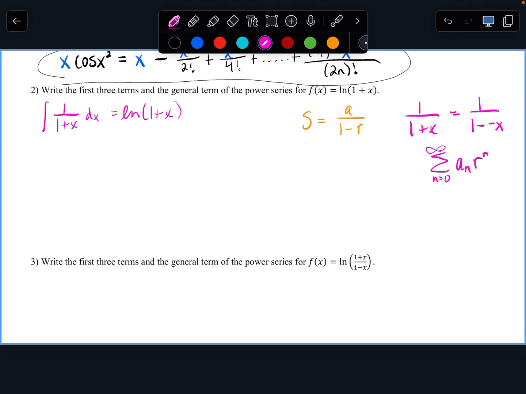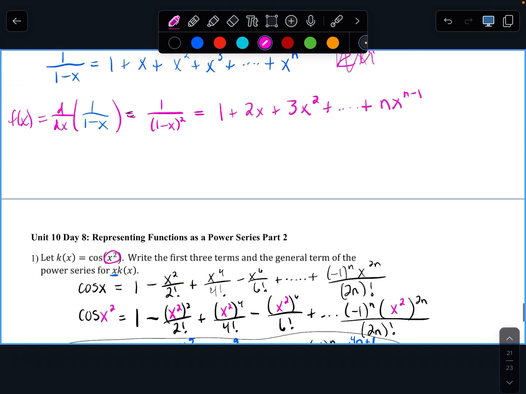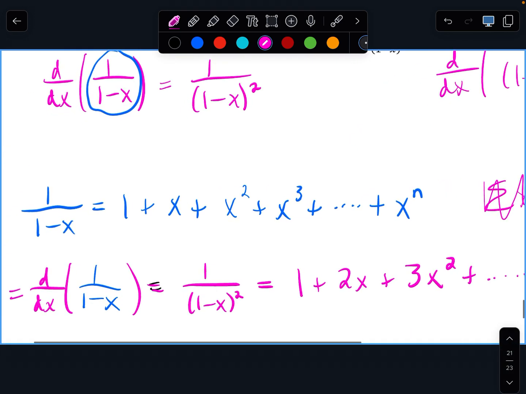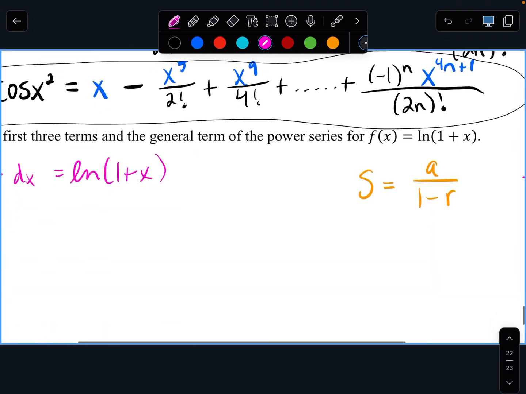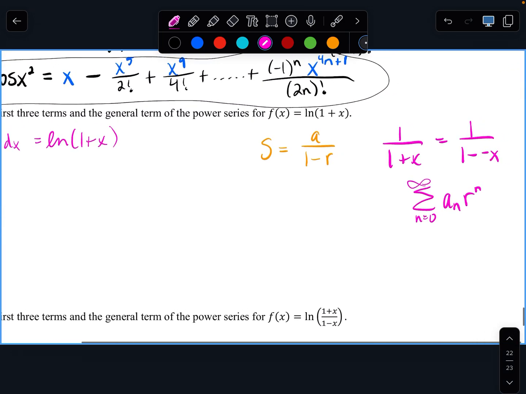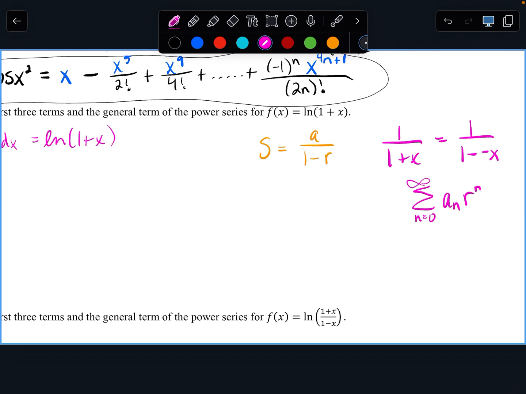So long story short, the 1 minus x is all addition, right? The reason the 1 plus x is alternating, it's basically the same thing but it changes sign, is because you're plugging in a quote-unquote negative r. Do you know what I'm saying? When you rewrite it like this, you're plugging in a negative x in here, so that's why it has that alternating piece to it.